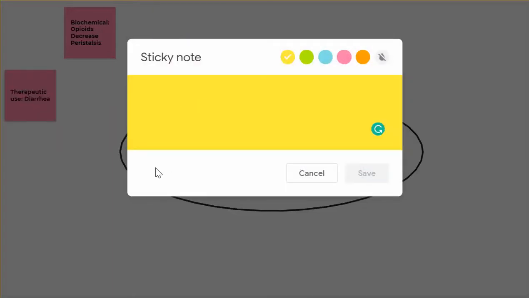Adverse drug reactions of these antidiarrheals that are opioids can include cardiac arrest and dysrhythmias. They can include drowsiness and constipation also.